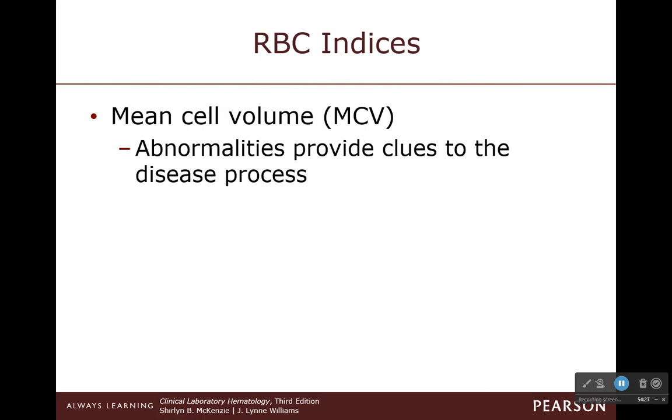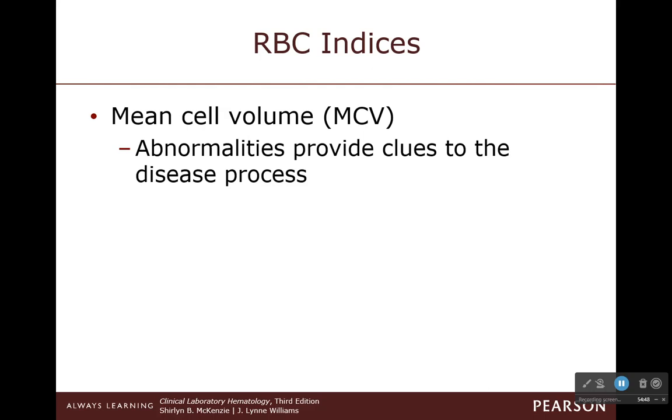So the MCV on people who have iron deficiency should be below 80. Most of the time they're between 50 and 60. So they're little tiny red cells. People that have megaloblastic anemia, which is known as vitamin B12 and folate deficiency or pernicious anemia, tend to have larger cells.